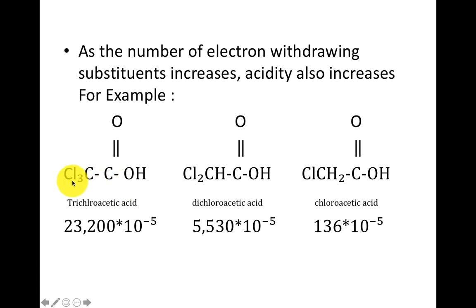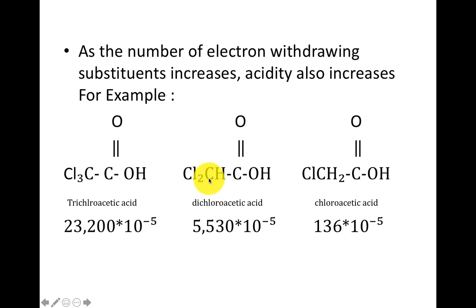So here all the groups are the same, all the groups are chlorine only, but the number of electron withdrawing groups differs: here three chlorines are present, here two, here one. Since three chlorines are present, they have strong ability to withdraw the electrons. So here the positive charge is very high, hence this proton will get liberated very easily. So the acidic nature of trichloroacetic acid is very high when compared to dichloroacetic acid.